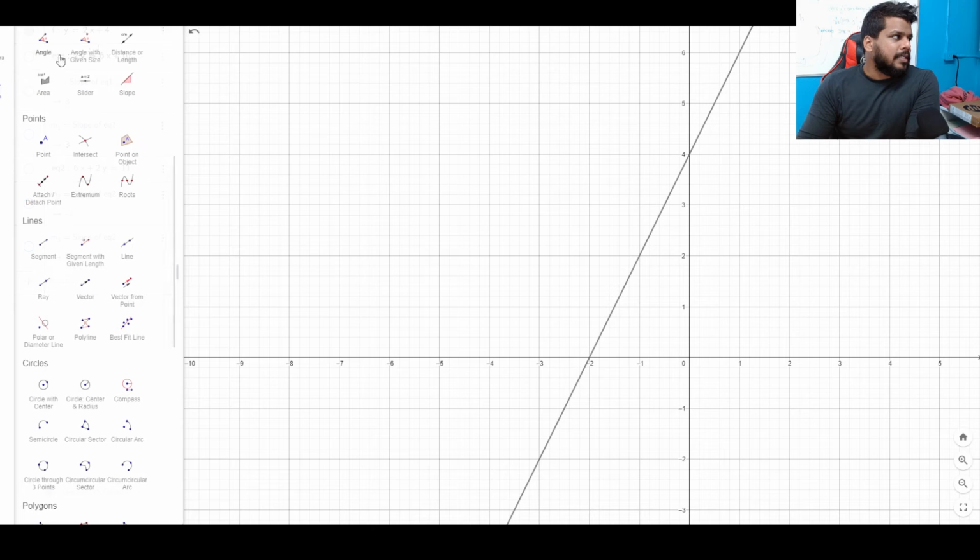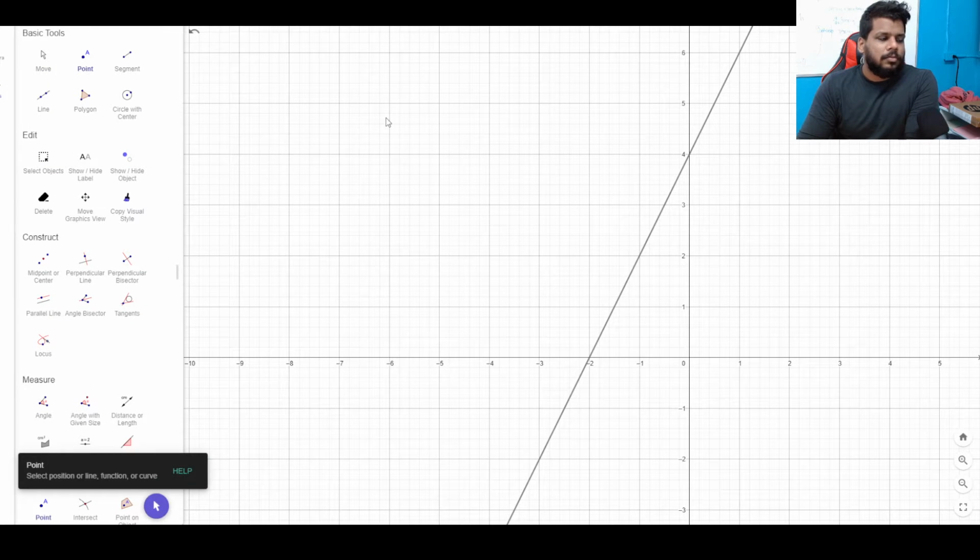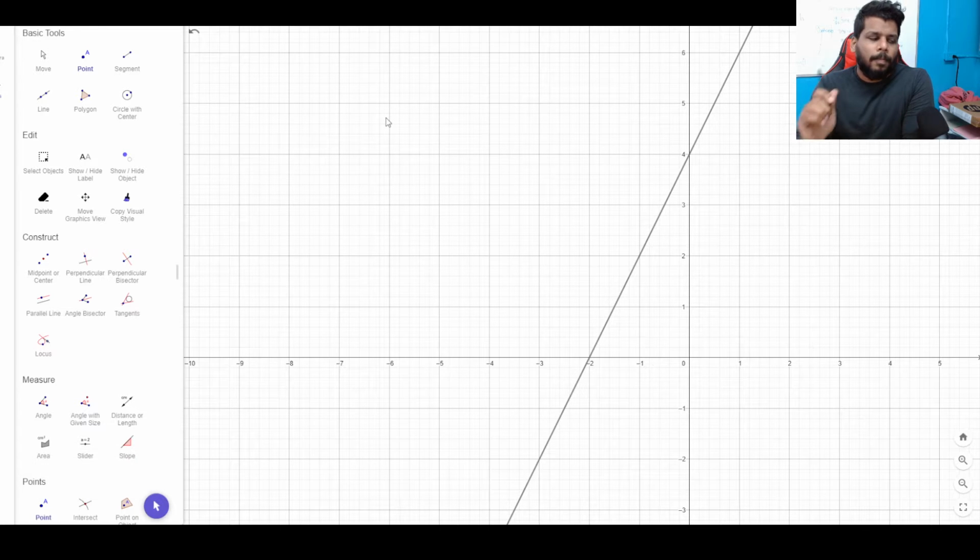Now, you have an infinite number of values you can read off, but we're going to read off values that are nice to work with, whole numbers. So when x is minus 1, I go up, across, and I get y is 2. So this point here is (-1, 2).